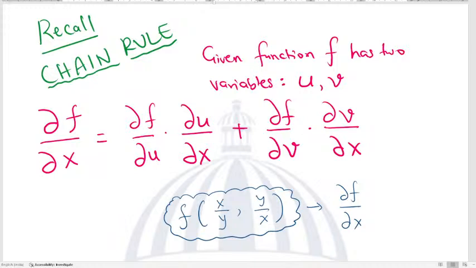We call it the total derivative. We first find the derivative of the function with respect to the first variable u, and then find how u changes with respect to x, and similarly for the other variable v.